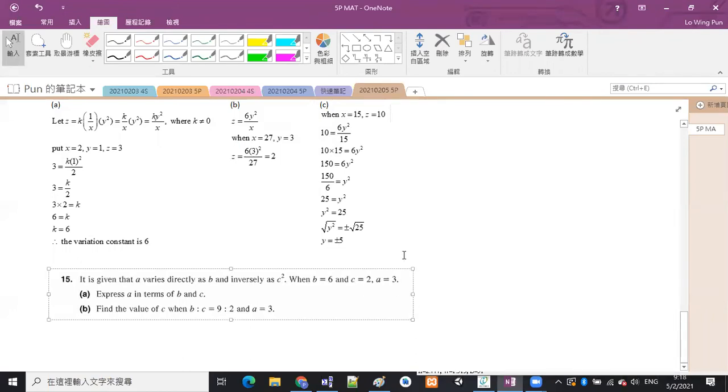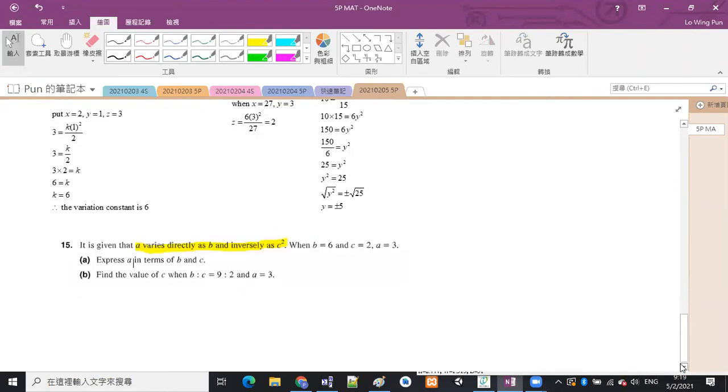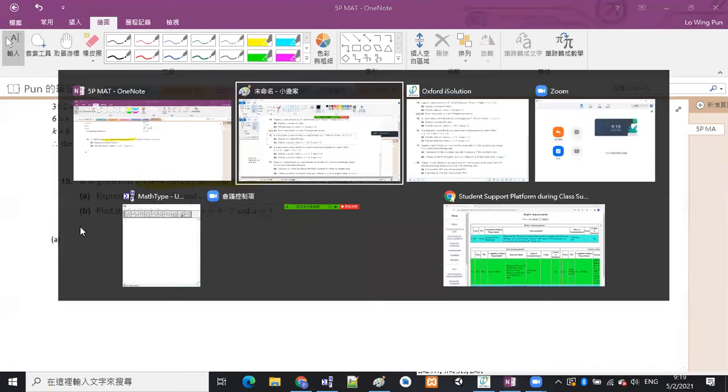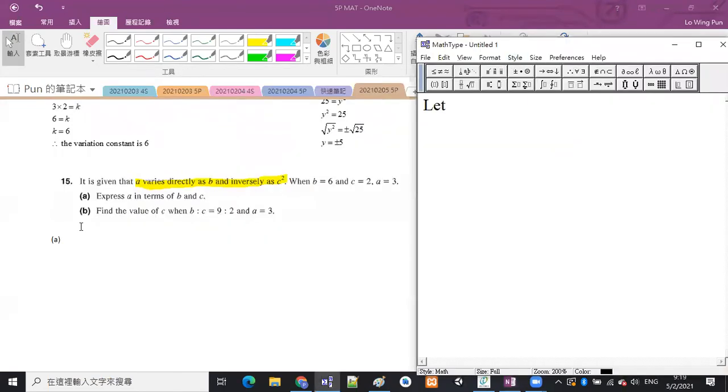So it is given that A varies directly as B and inversely as C squared. 嗱，第一句通常都係咁樣噶啦，即係都係好 standard 嘅。我哋要完全掌握到點樣開始做噶啦。Let A be the subject. Do we have inverse variation in this question? Yes. We have inversely as c squared. So we need a fraction with the k on the top.